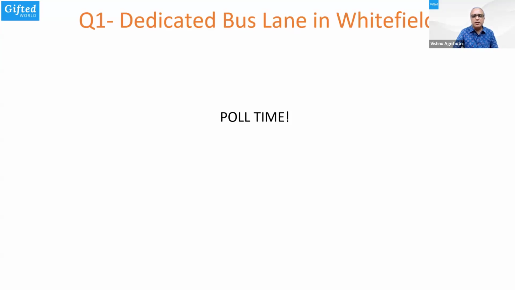Okay, so let's look at what people have said. So the first statement: car owners face fresh assault as authorities snatch away another lane from already congested roads. So yes, the correct answer is that the private vehicle owners group is favored here, and 51% have answered correctly.